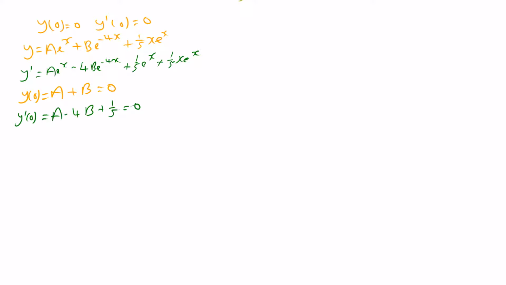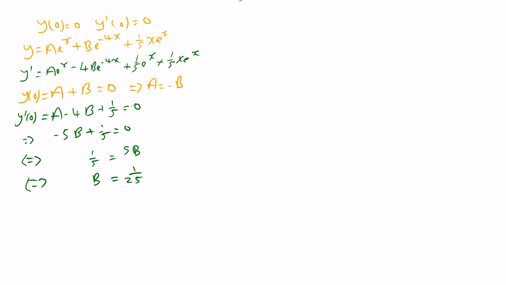So now we just need to solve these two using simultaneous equations. We've got two equations and two unknowns, so we can find out what A and B are. We know that A equals negative B. Substitute this in, that is equal to negative 5B plus a fifth equals 0, which implies that a fifth equals 5B, which implies that B equals 1 over 25.